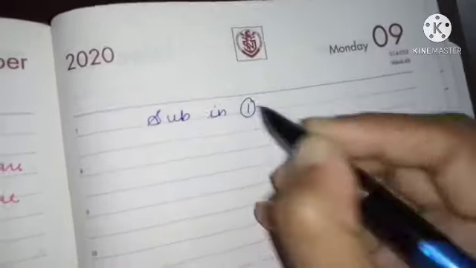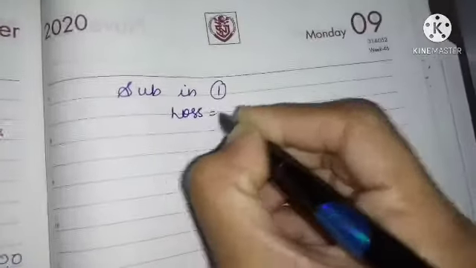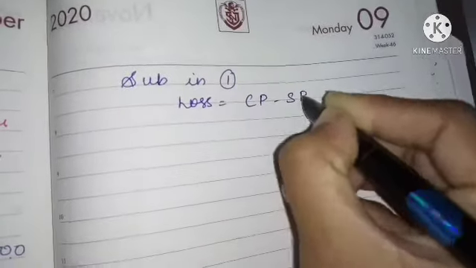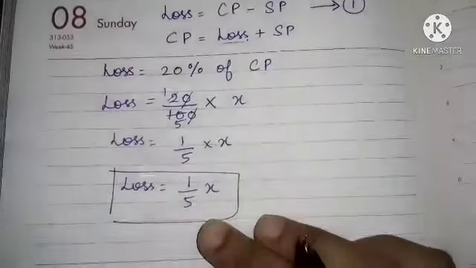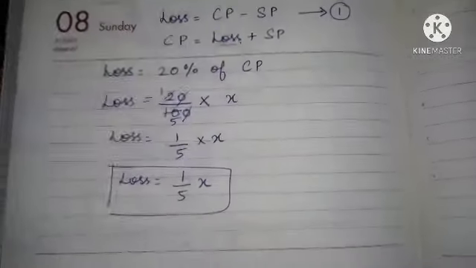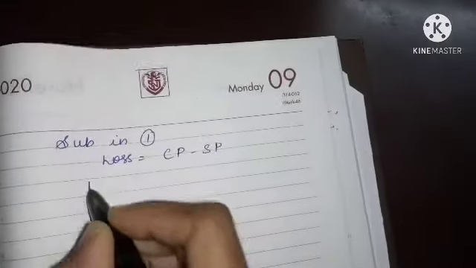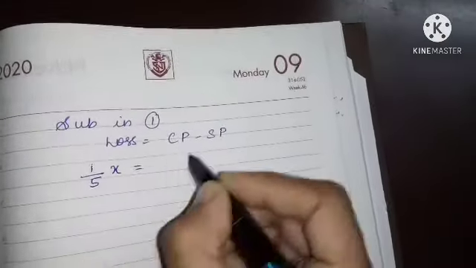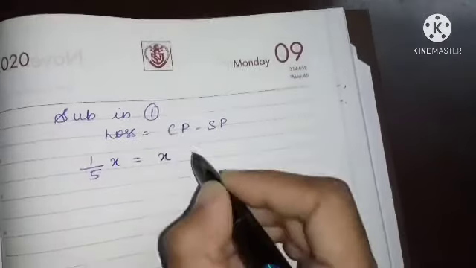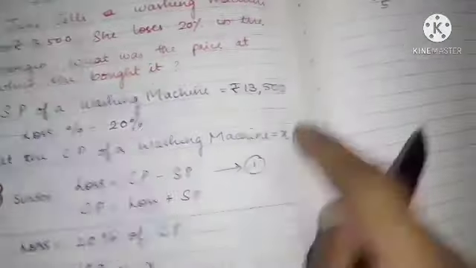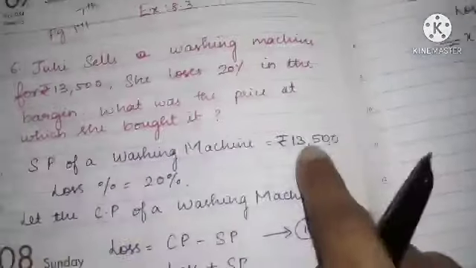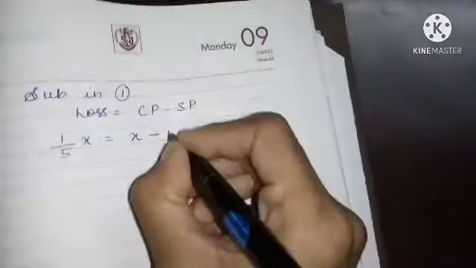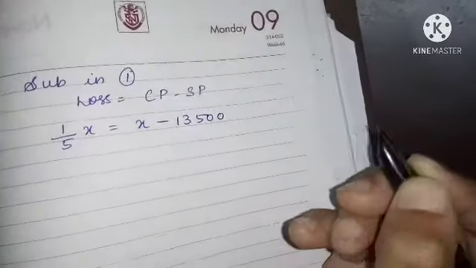Substitute in the first equation. Loss is equal to cost price minus selling price. What is the loss we have found out? 1 by 5 X. So 1 by 5 X is equal to cost price X minus selling price 13,500.